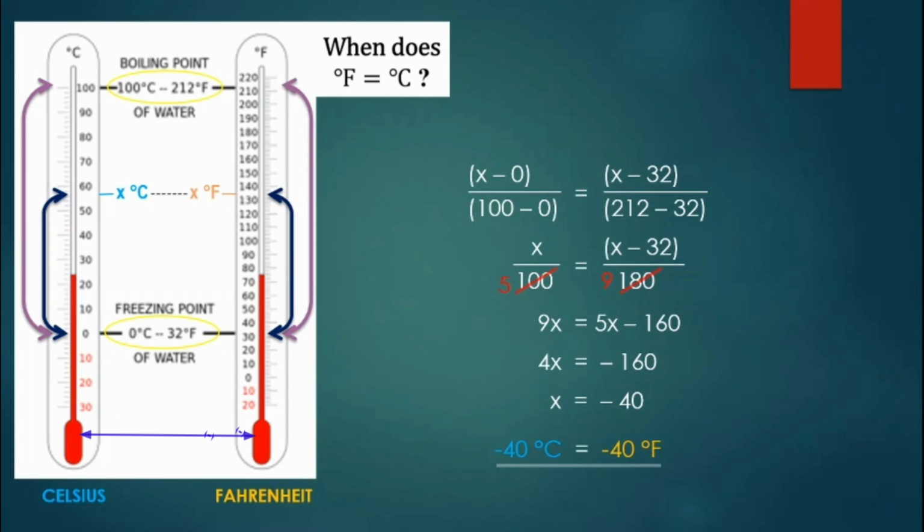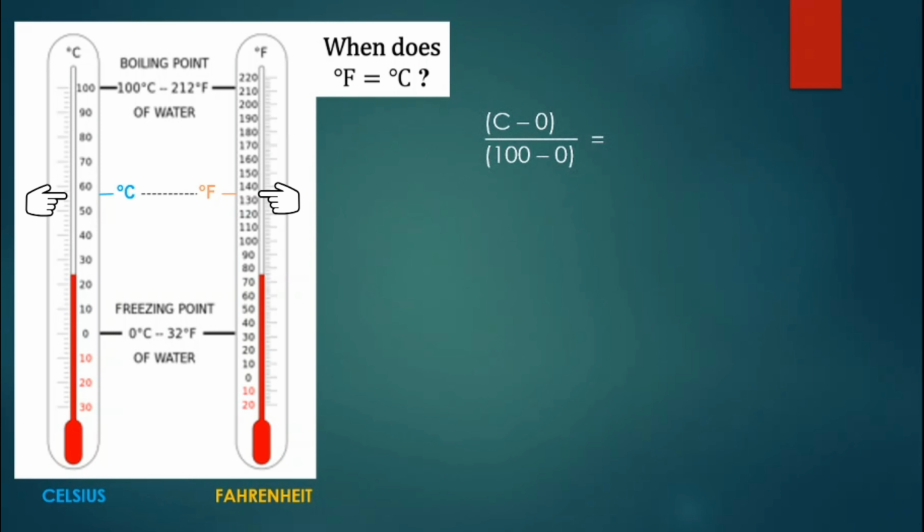Another way of dealing with this is setting up an equation with two distinct variables. It's mostly the same as what we have set up earlier, having x as an only variable, but for this case we now have two distinct variables, which we represent as C and F, and we arrive at this equation (C - 0)/(100 - 0) = (F - 32)/(212 - 32).